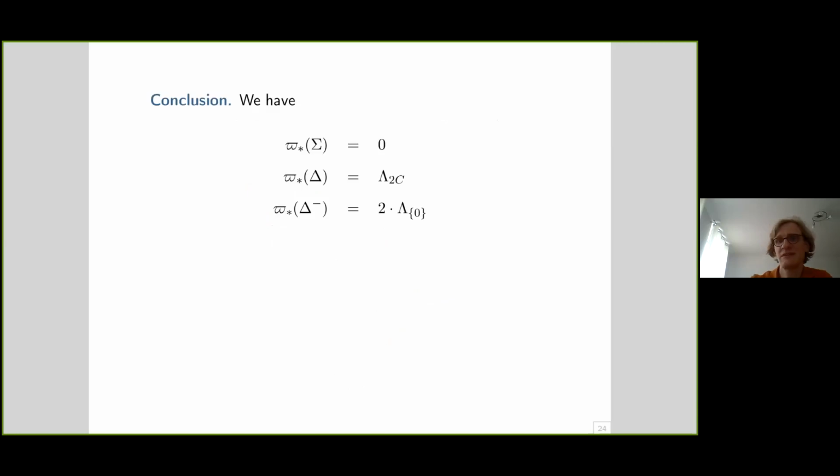Okay, putting together these degrees, we see that pi lower star of the zero section is 0, pi lower star of the diagonal is lambda 2C, and for the anti-diagonal you get twice lambda 0. And this gives you the clean convolution of the two conormal varieties. And as I promised, this is essentially the same as the characteristic cycle of the convolution, except that you lose this non-clean component, which is the zero section and has non-dominant Gauss map.